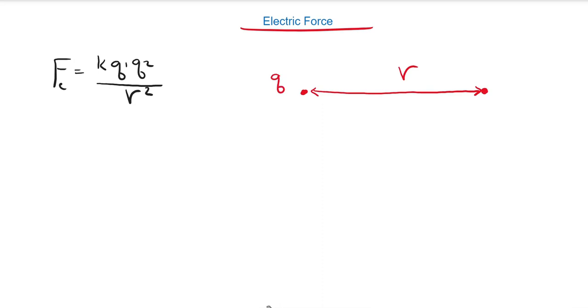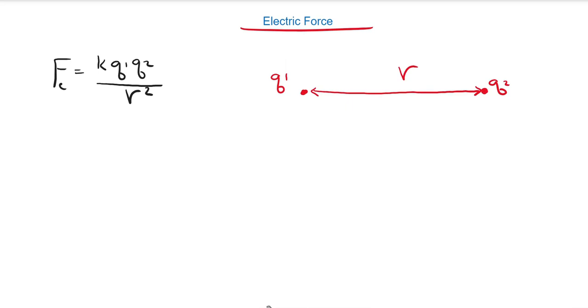This is charge 1 and charge 2. If these charges have the same magnitude, then you can actually just have kq squared over r squared. But there are often different amounts of charge, and it may be a particle, it may be a whole object that's charged either positively or negatively. But either way, there's going to be an electric force between the two objects.